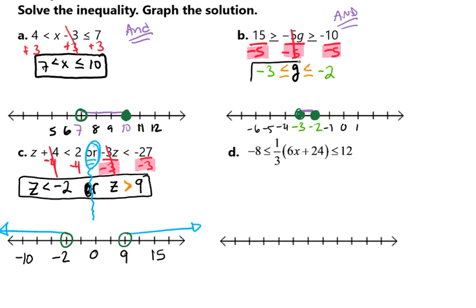Let's take a look at one more. This one's a little bit more complex, but notice how there's only one variable, the x, and 2 arrows. There's no word or, so this tells us this is going to be an AND.